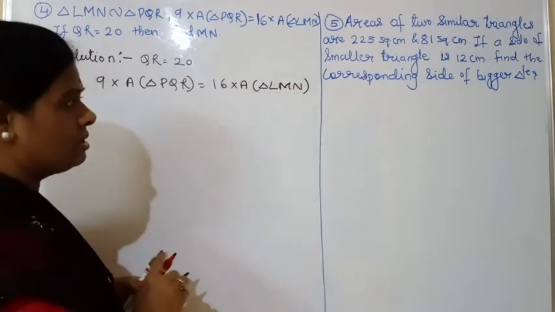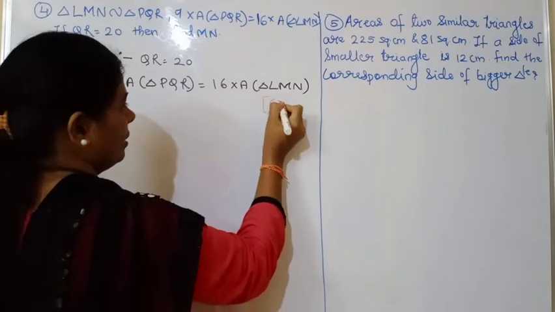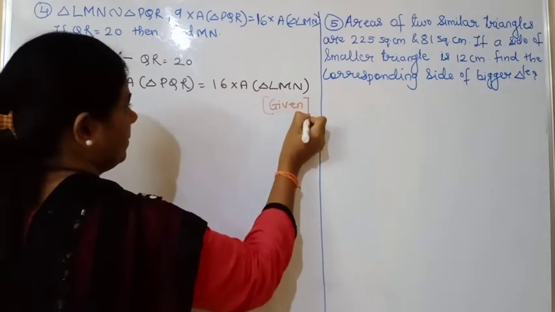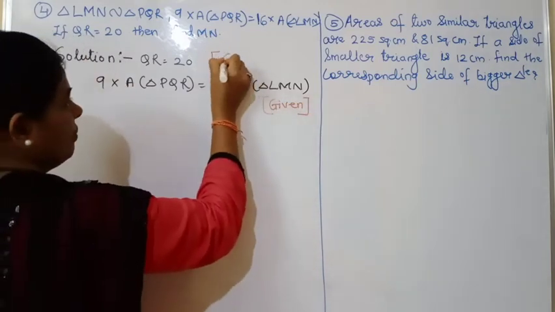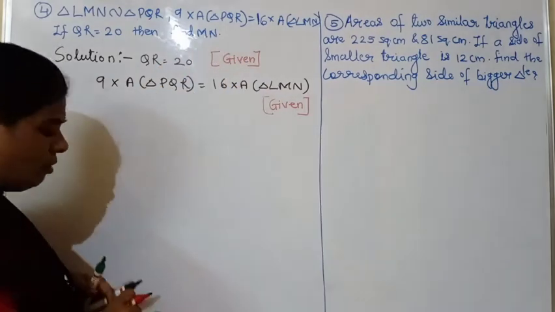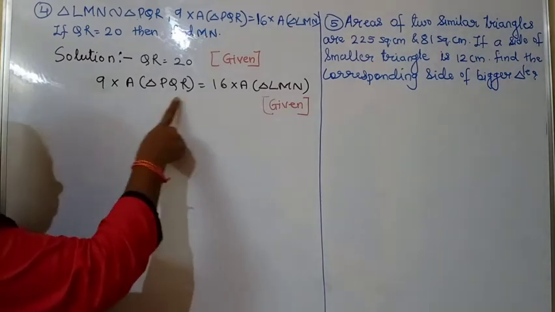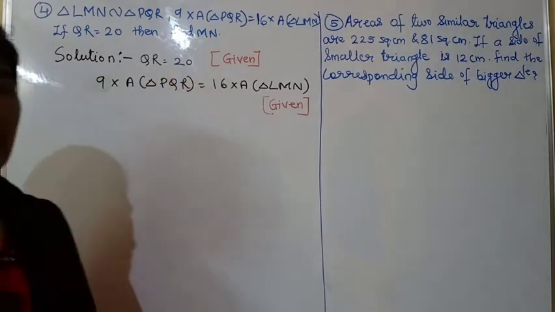Okay. So this is given already. Here also QR equal to 20. It is given. Okay. Now what we have to do? It is given that 9 into area of triangle PQR equal to 16 into area of triangle LMN.